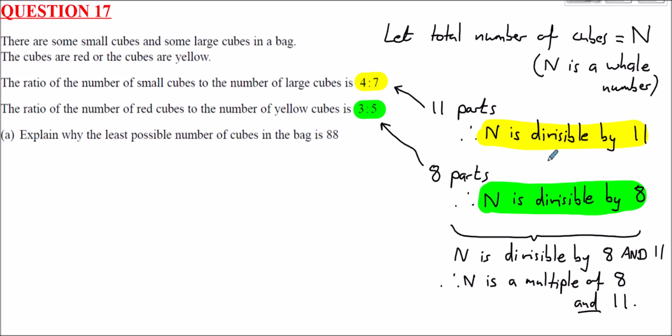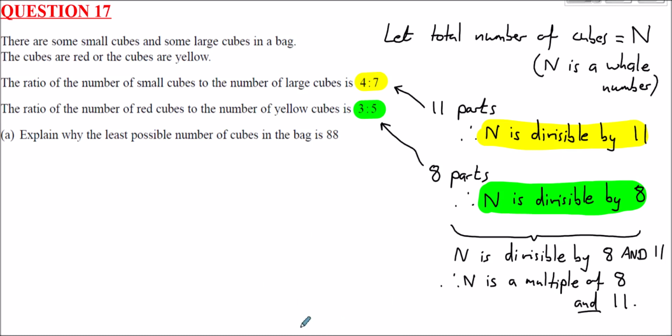If something can be divided by 8, that's another way of saying it's in the 8 times table. If something's divisible by 11, that's another fancy way of saying it must be in the 11 times table. So the smallest possible number of cubes must be the smallest number which is in the 8 times table and the 11 times table. And the smallest possible number which is in the 11 times table and the 8 times table is 88.